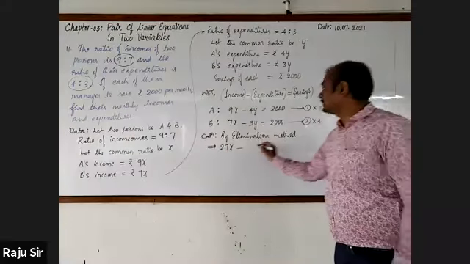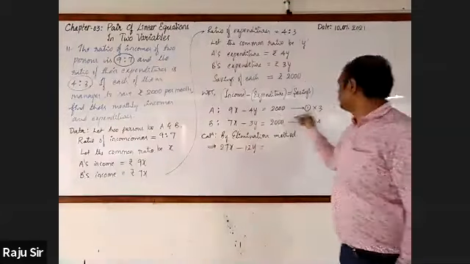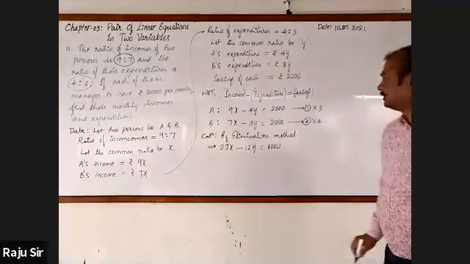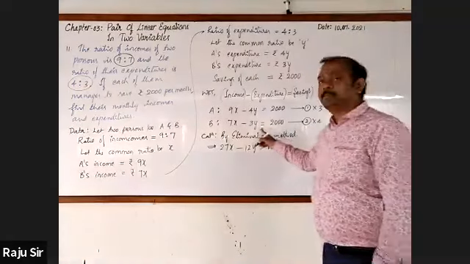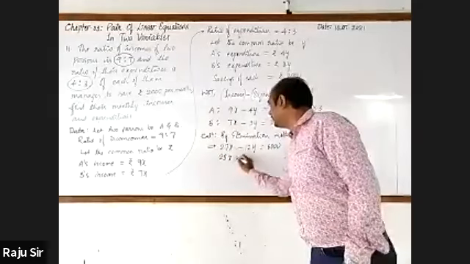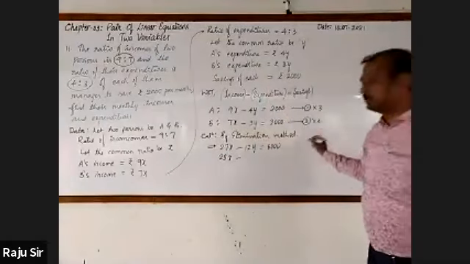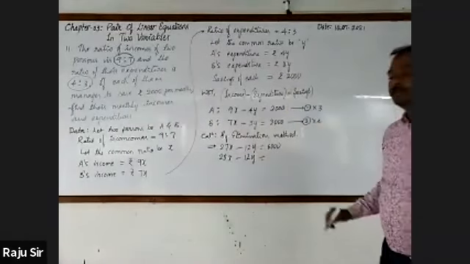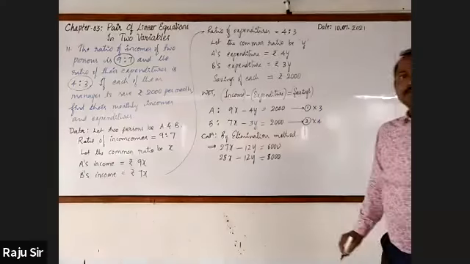Then 4 3s are 12, 12y. 2,000 3s are 6,000. Next, multiply the second equation by 4. 7 4s are 28, 28x. Then 3 4s are 12, 12y. It is equal to 2,000 4s, it is 8,000.